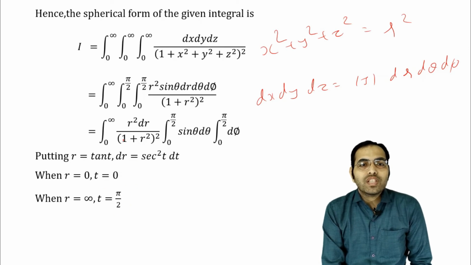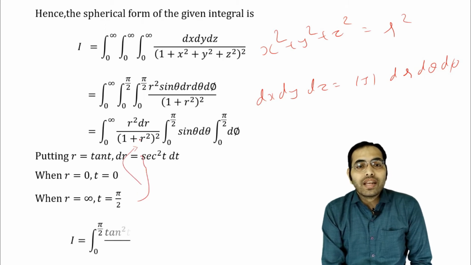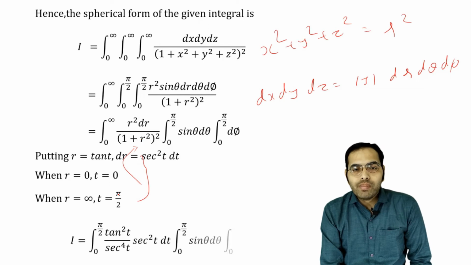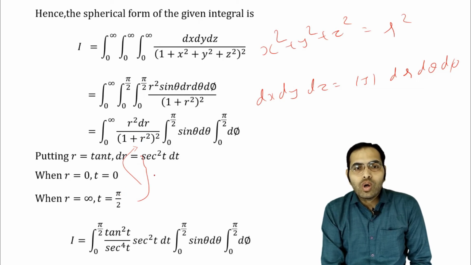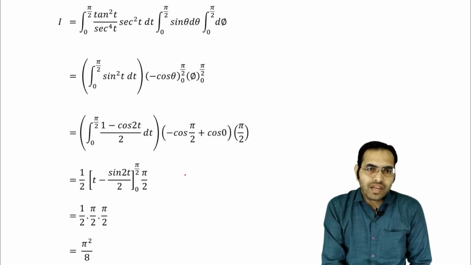So t varies from 0 to pi by 2. Substituting all these values, the reduced form is the integral from 0 to pi by 2 of tan square t by sec raised to 4 t into sec square t dt. Here sec square t cancels out, and the second and third terms are kept as they are.